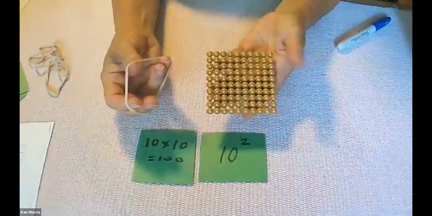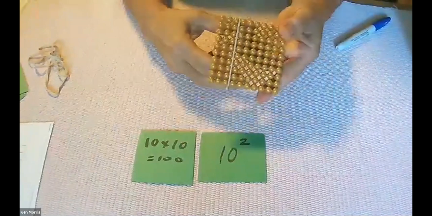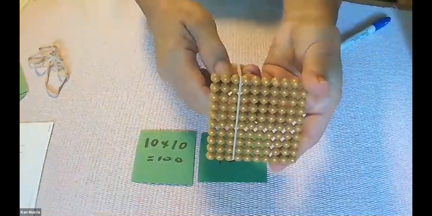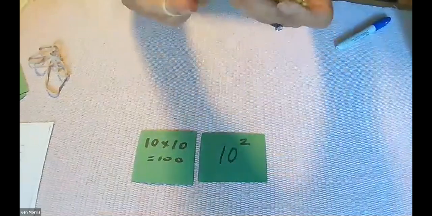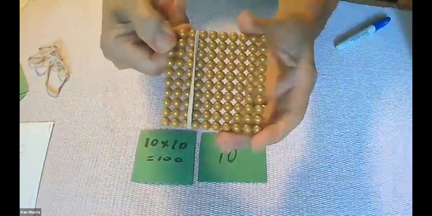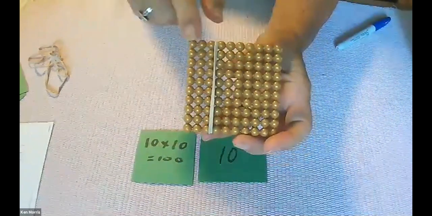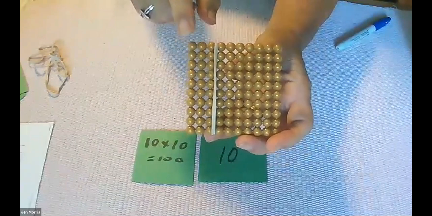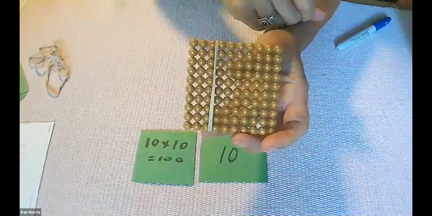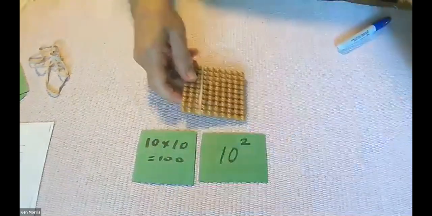I'm going to take a rubber band and I'm going to put the rubber band right there, and I'm breaking up the 10 in this direction. Let me show you. I'm breaking up this 10 across here into two numbers. I'm breaking it up into 3 plus 7. So I'm going to write that down.